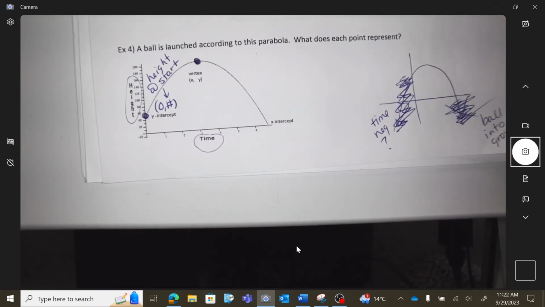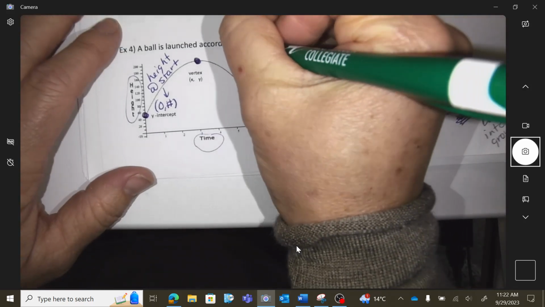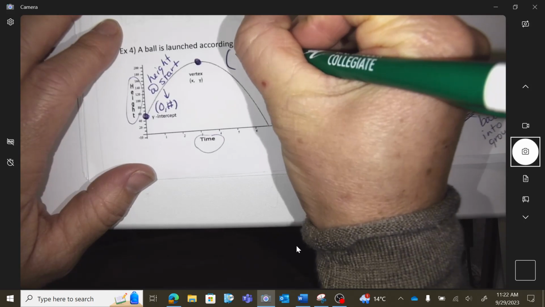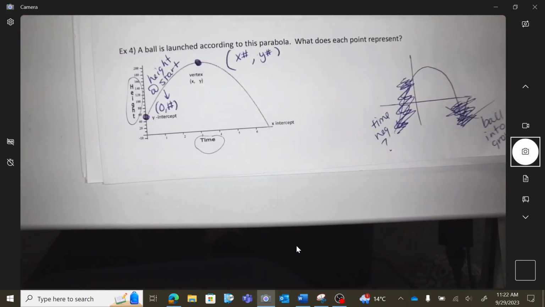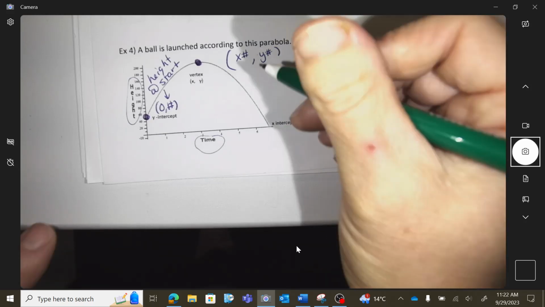Okay, so then the next point is the vertex. What does the vertex tell me? So there would be an x number and then there would be a y number to this. That's how it would look. It'd be something comma something. Okay, would this make sense?